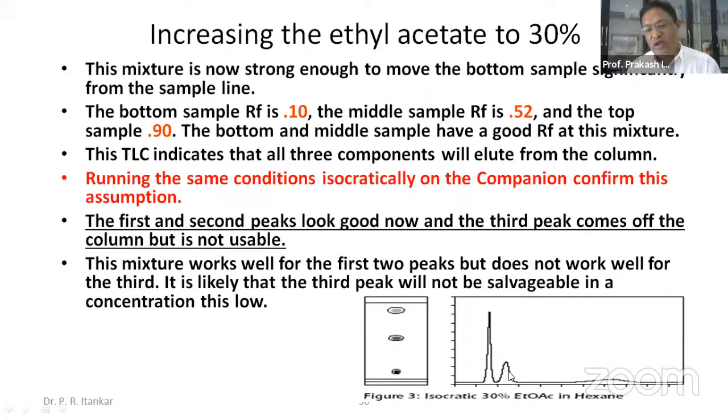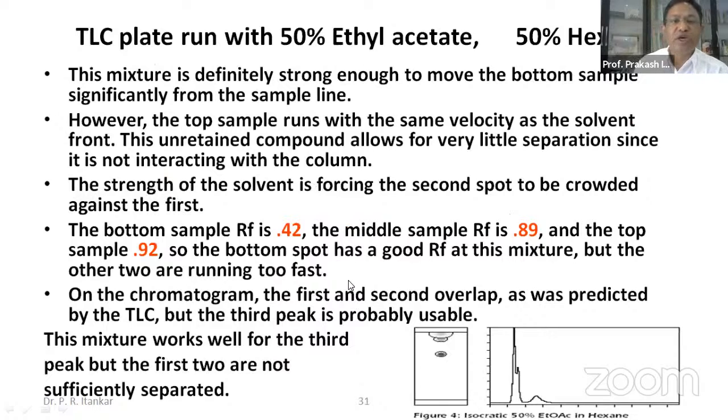You can identify the first two very clearly and have a definite separation of these two constituents, but the third one is still not as desired for separation. The resolution is not that fantastic, and therefore we were supposed to try something stronger than this.